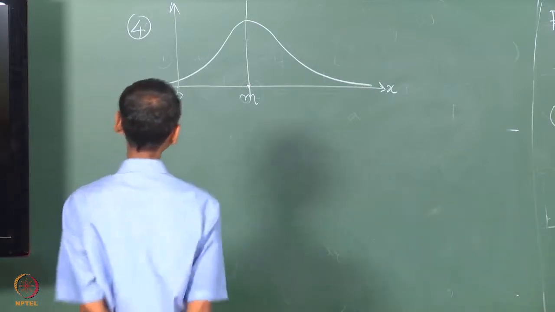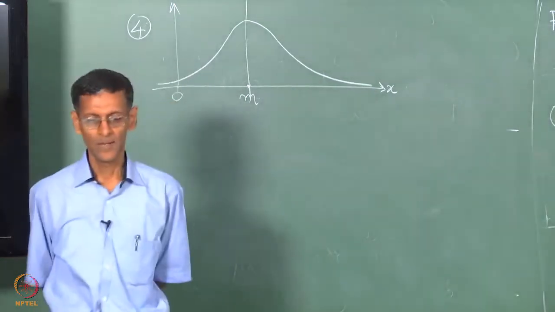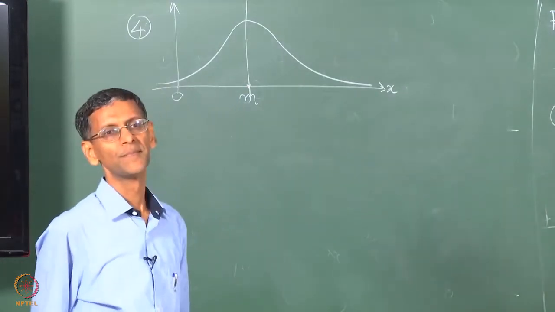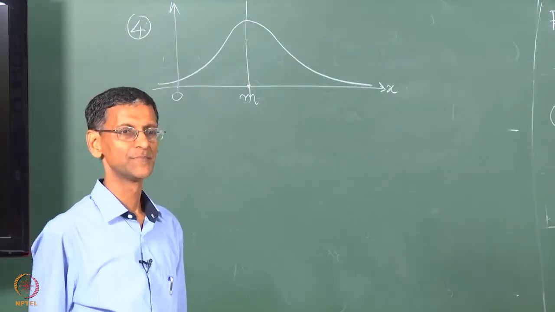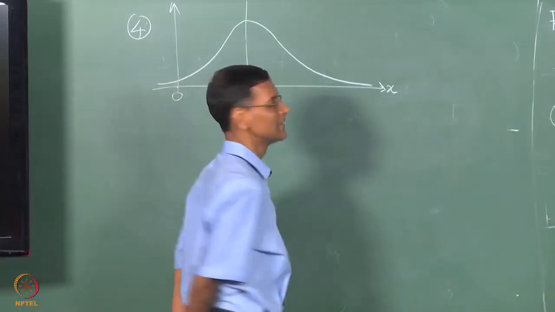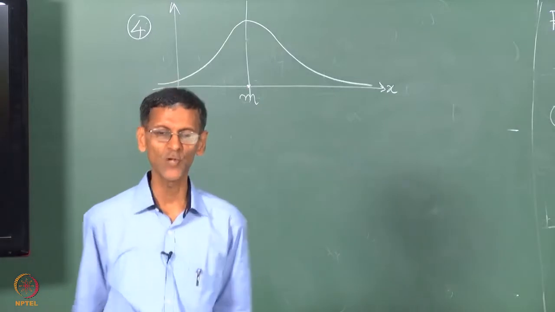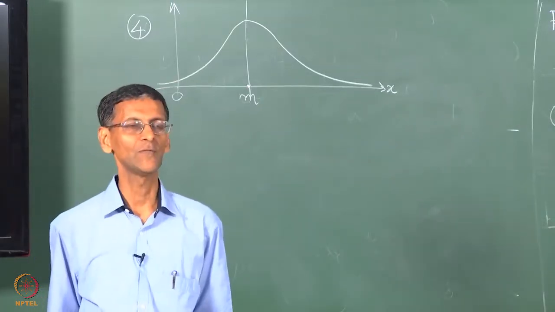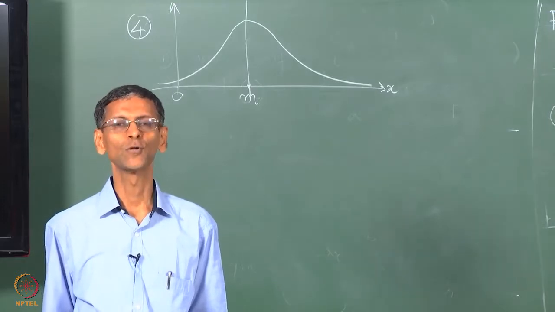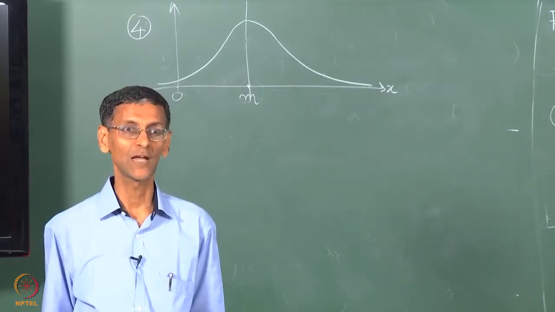But what about sigma? What is the role of sigma in this? It tells you how the variable fluctuates about its mean. As usual, like in the Poisson case, we want to vary sigma from small to large. So what is it going to look like for small sigma, and what is it going to look like for large sigma?